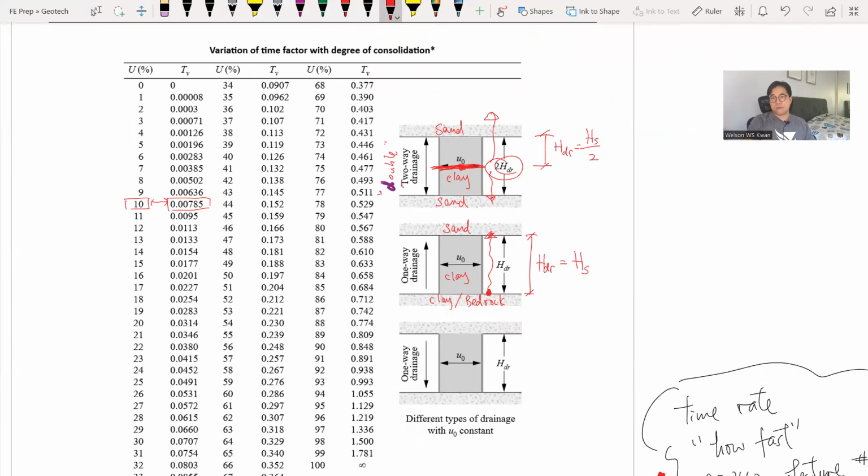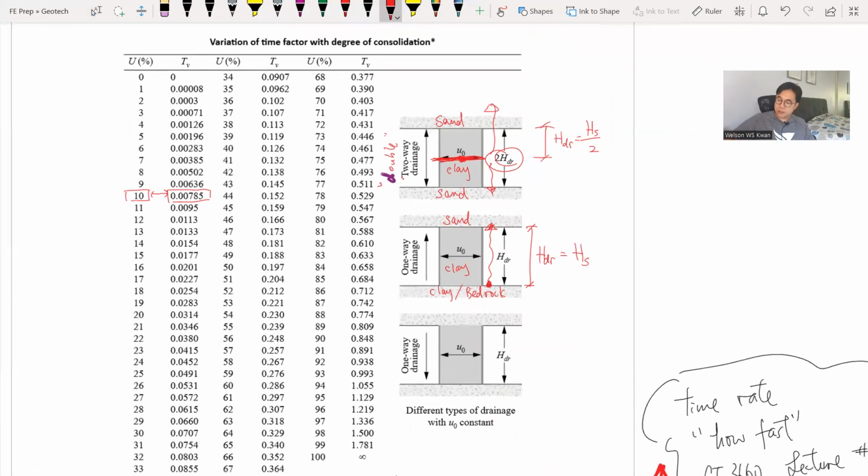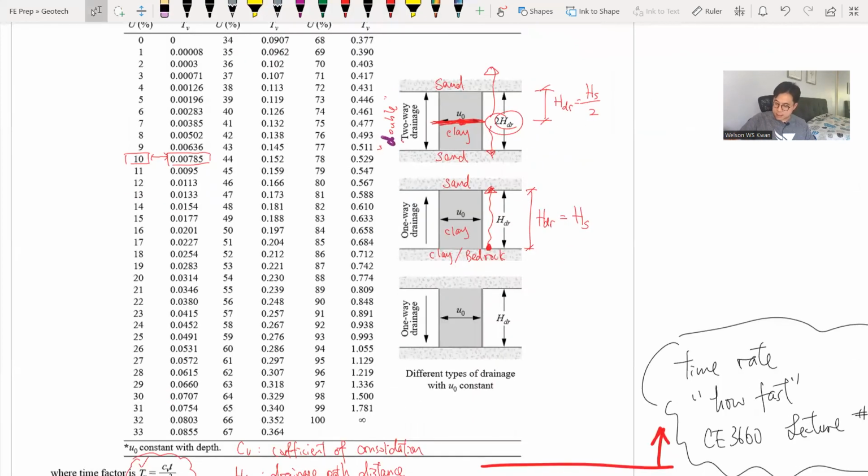Now, for single drainage, the whole layer is your drainage path. Very similarly, if you have impermeable layers with a drainage layer only underneath, all the water needs to go through the whole thickness for the pore water trapped at the topmost, and the drainage distance would again be equal to H sub S.